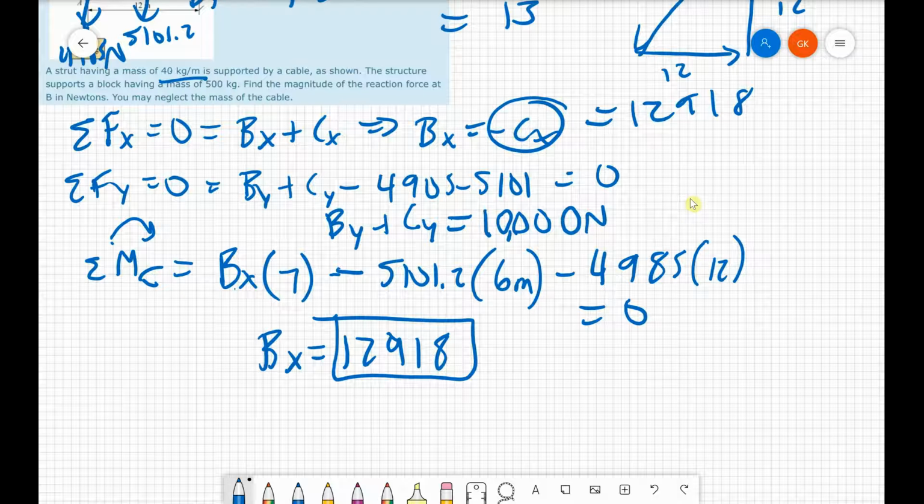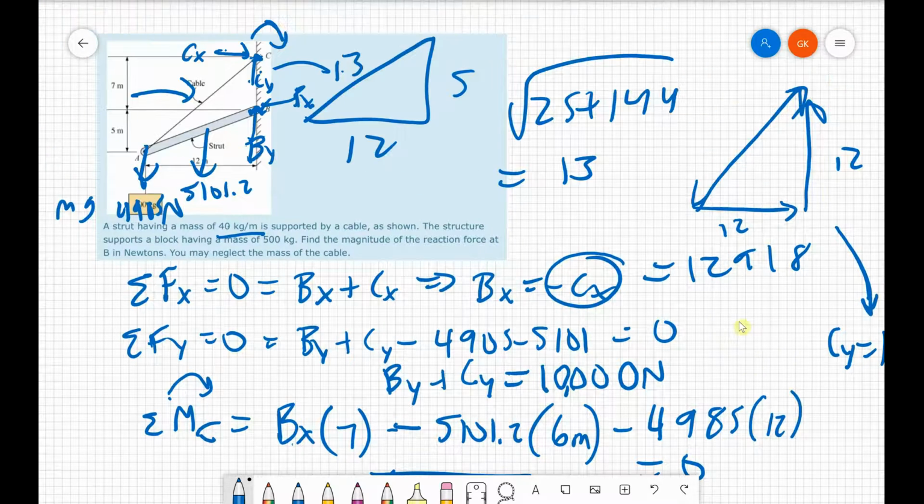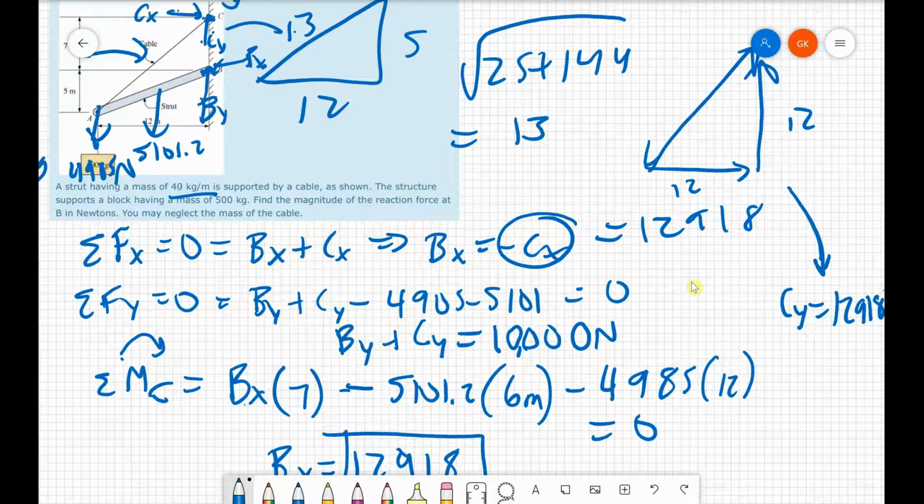So, from that, Cy is equal to 12,918. And it would still be going up. At least it should be. Let's see here.